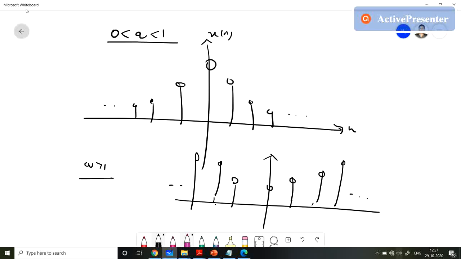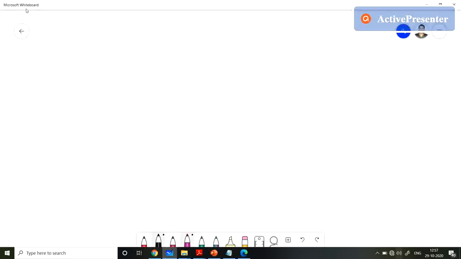Now we can find the Z transform. X(z) is equal to the Z transform of x1(n) plus the Z transform of x2(n).